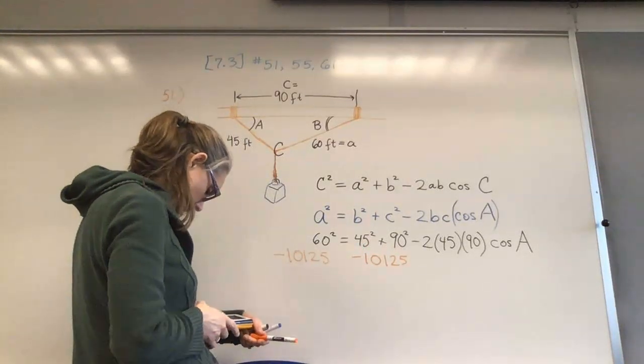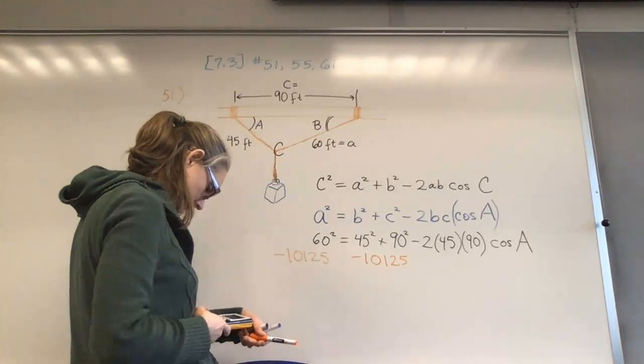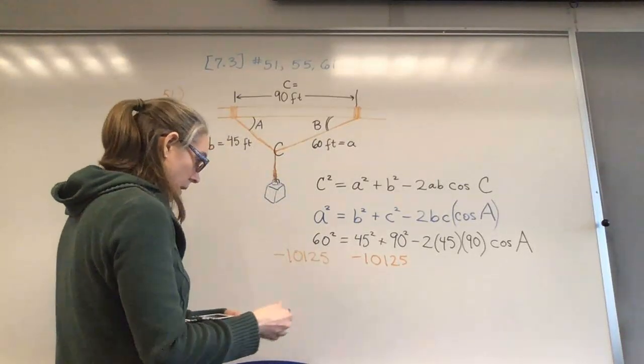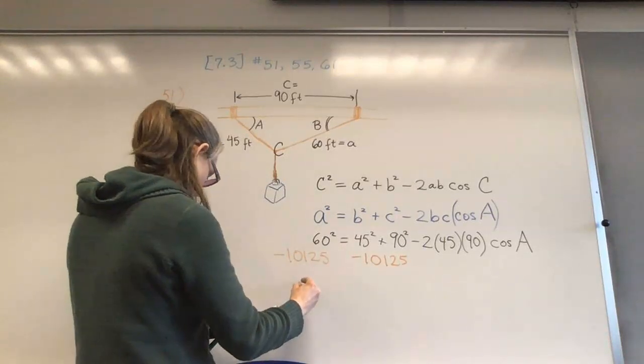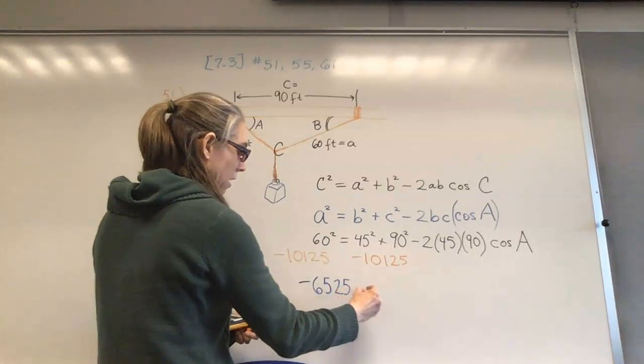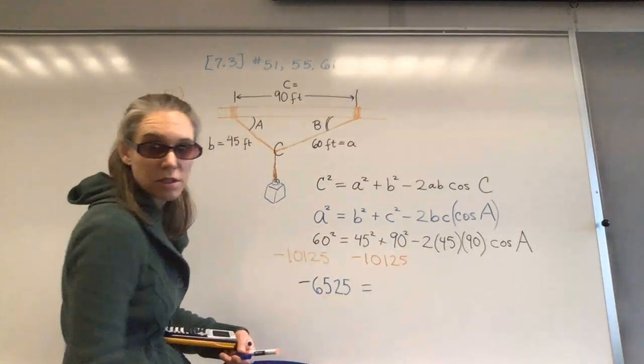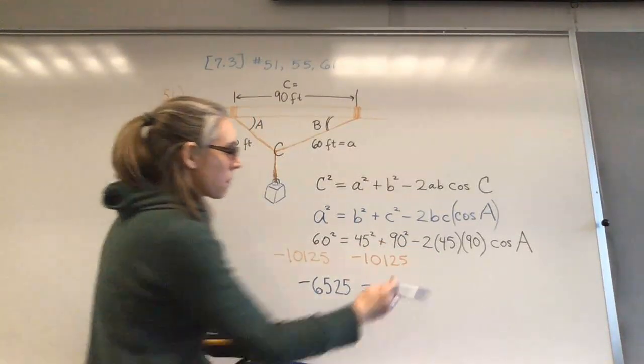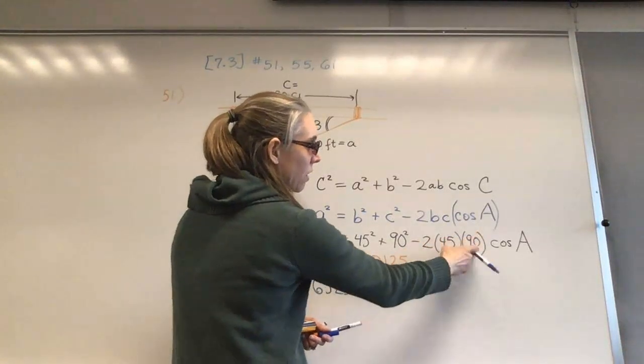So 60 squared minus 10,125 is going to give me now negative 6,525 is equal to, and what's left on the right hand side is the negative 2 times 45 times 90 cosine A.